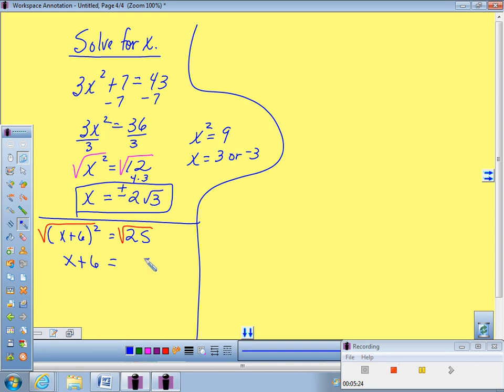And here I will get 5, but because I put the square roots on it, I will go, okay, it could be plus or minus 5. So now when you go to solve for x, you're going to subtract 6 to the right-hand side. You're going to have negative 6 plus or minus 5. It's actually going to give you two answers: negative 6 plus 5, which is negative 1, or negative 6 minus 5, which is negative 11.